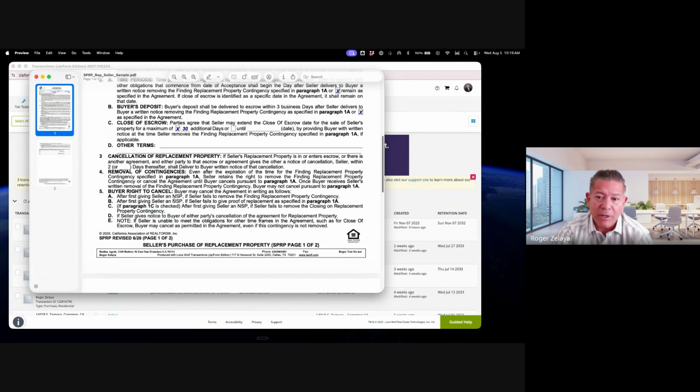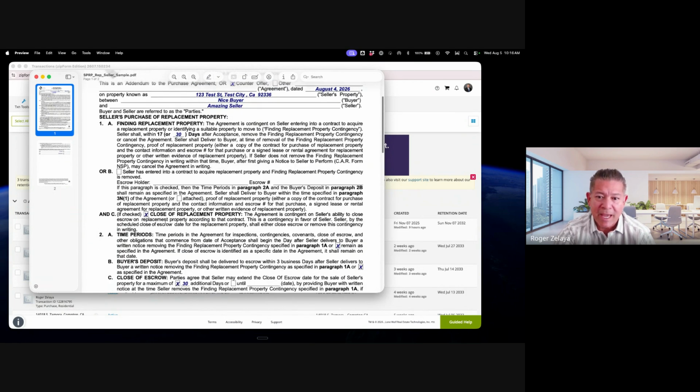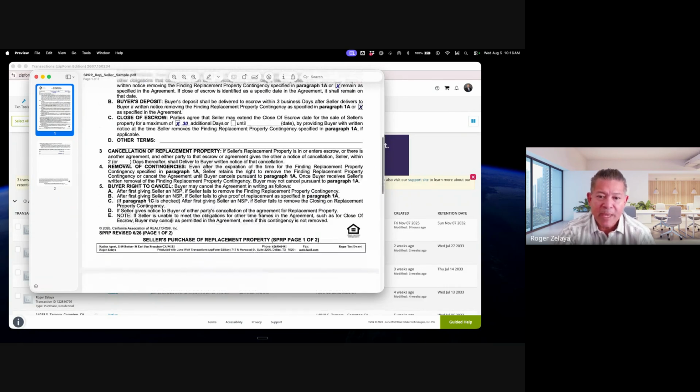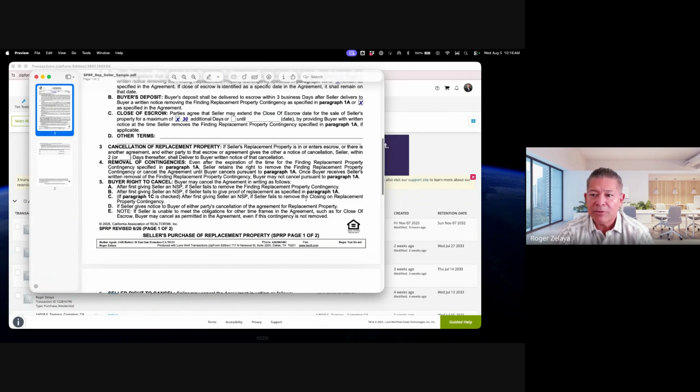After giving the seller a notice to perform, if the seller fails to give proof of replacement property as specified in paragraph 1A, right? This is how your buyer can cancel. If paragraph 1C is checked, which in this case it is checked, right? After first giving the seller notice to perform, if seller fails to remove the finding replacement property contingency, so you can ask the seller to remove that.